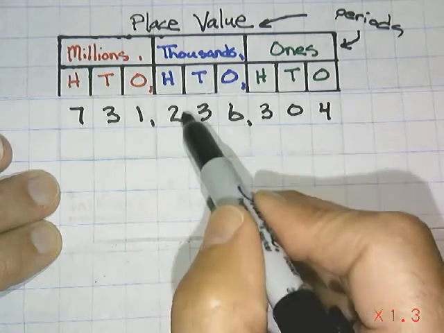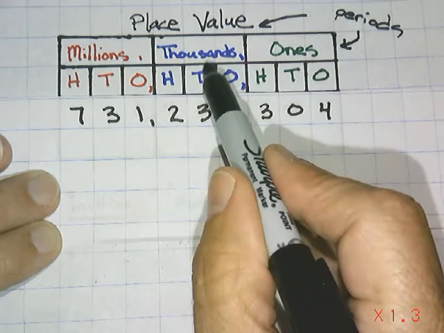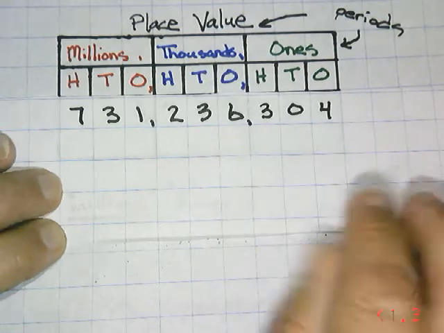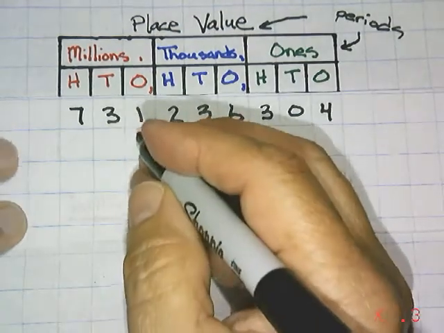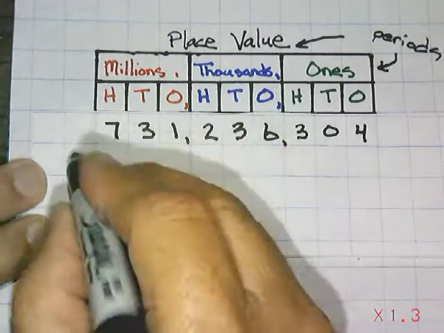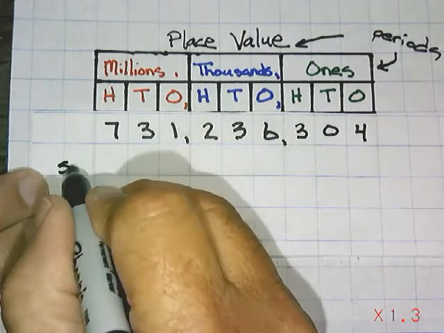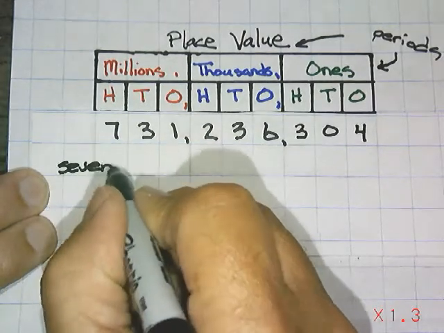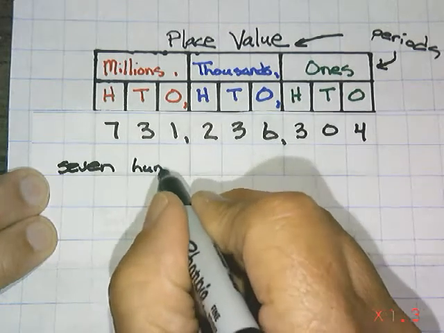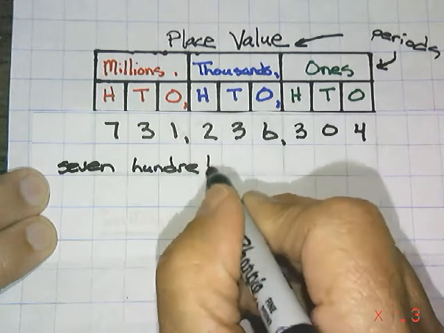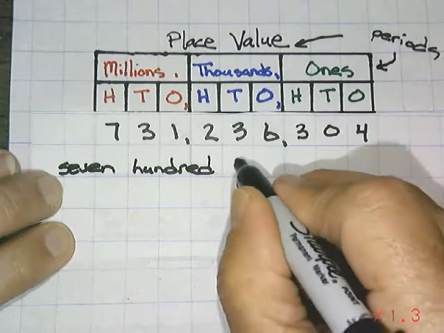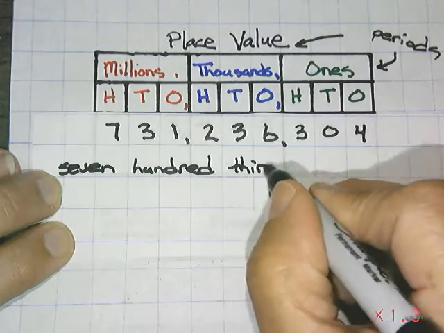In the thousands period, 236,304. Here we go. I'm going to kind of speed up here. Forgive my sloppy writing for time's sake.